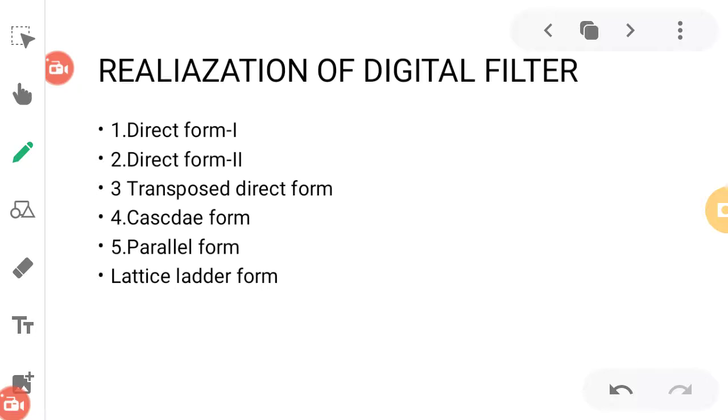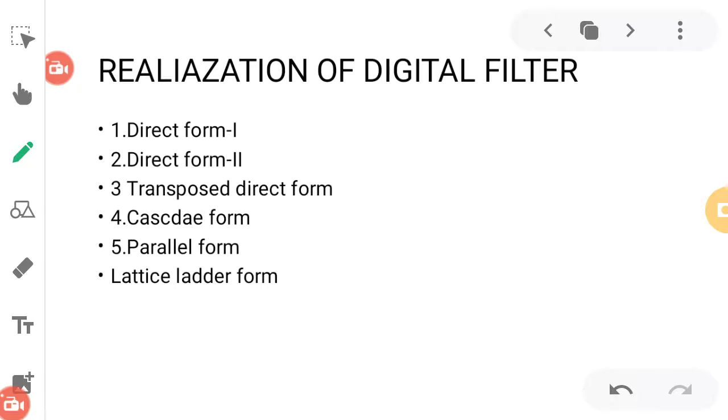This form corresponds to the IIR digital filter. And in a non-recursive system, y of n, that is the output, is a function of only past and present input, and this form corresponds to the FIR digital filter.